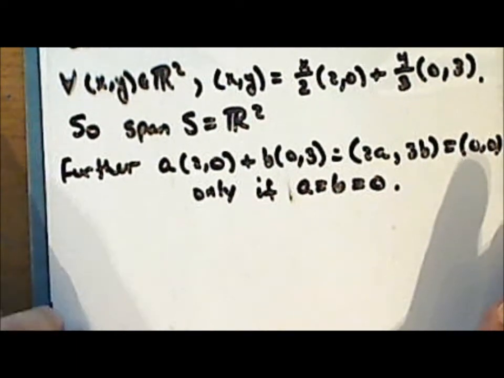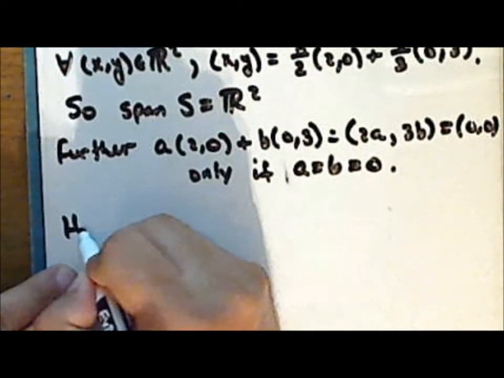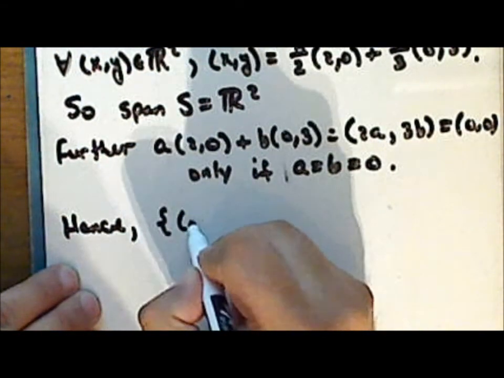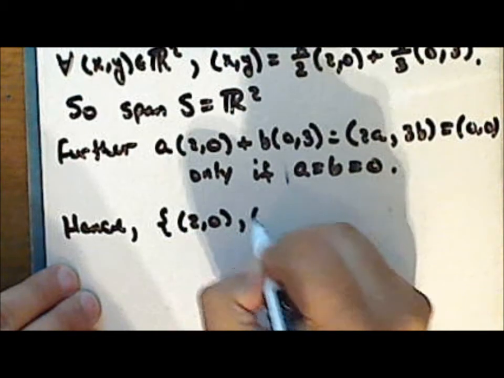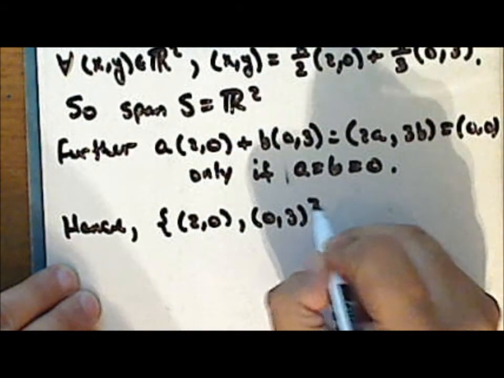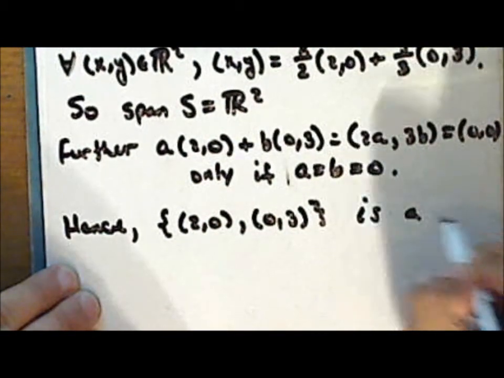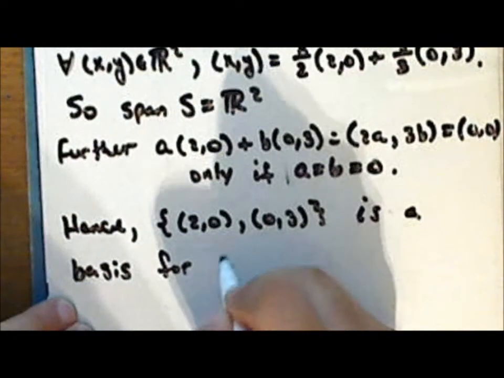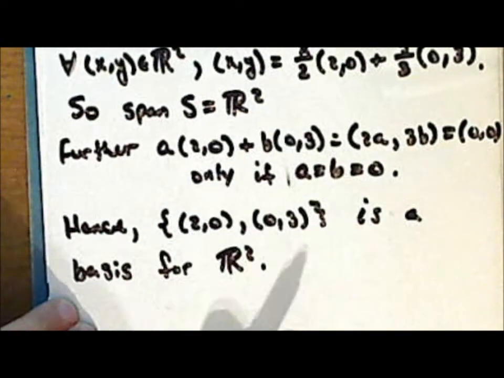So this set is linearly independent, and so the set consisting of the vectors (2, 0) and (0, 3) is a basis for R squared. All right?